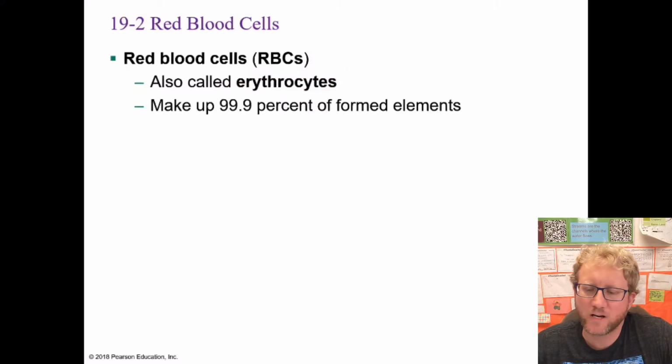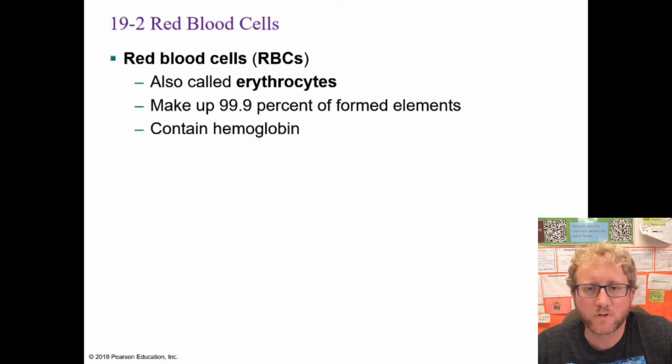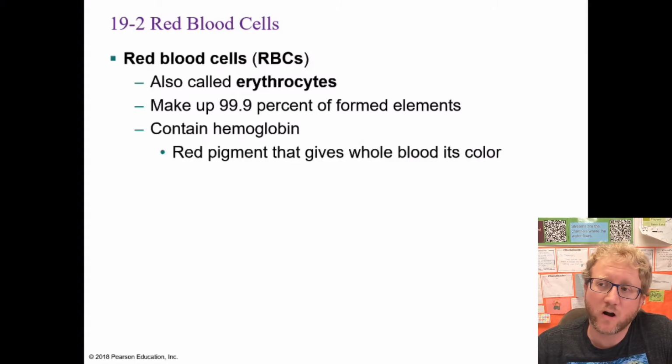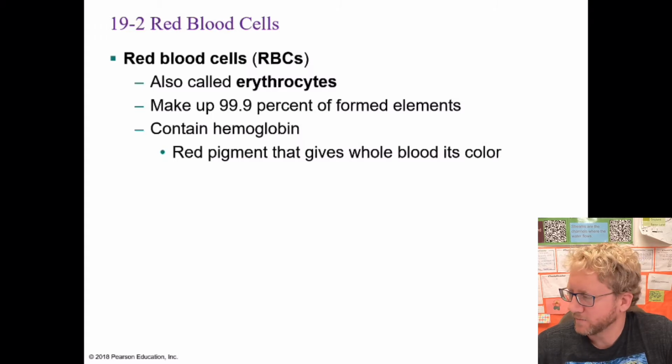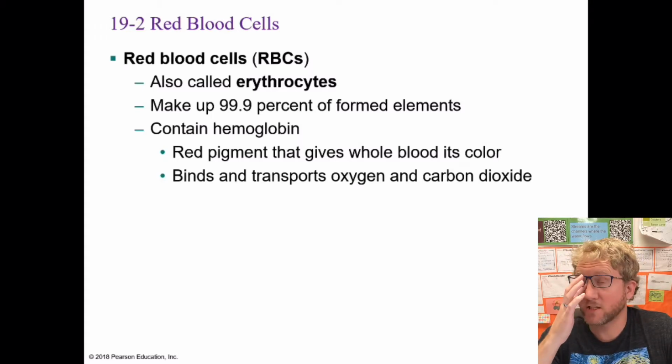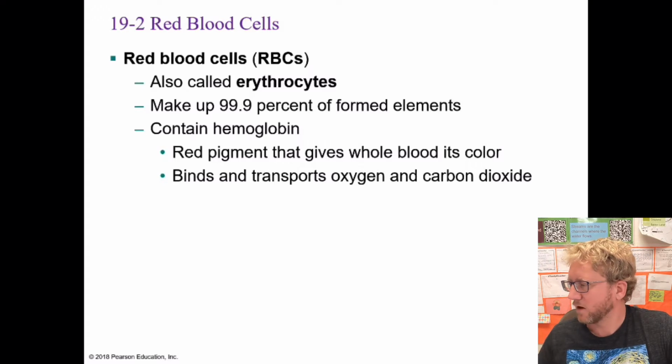They make up 99.9% of the formed elements, and they contain a protein called hemoglobin. Hemoglobin's super duper important. It gives blood its red color. Now there are organisms that do not have red blood. Horseshoe crabs, for example, they have a different substance that gives it that, I think it's blue color. And it's primarily responsible for transporting oxygen and carbon dioxide.